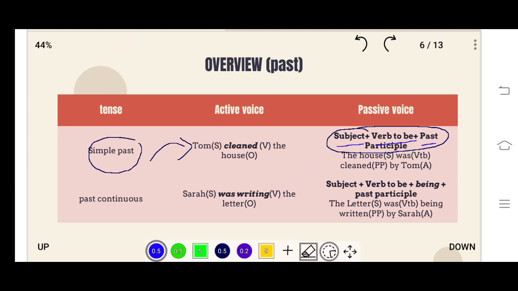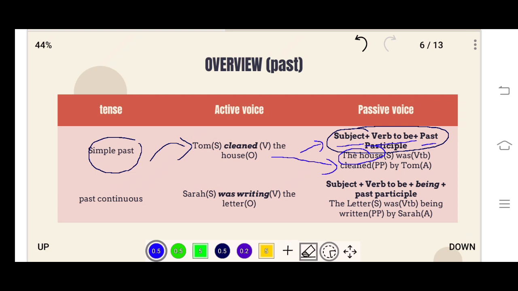So how do we change from this to this? We have to look at the formula. First, the subject. Like I said, the object in the active voice becomes the subject, so the subject in the passive voice is the house. Then we add the verb to be.